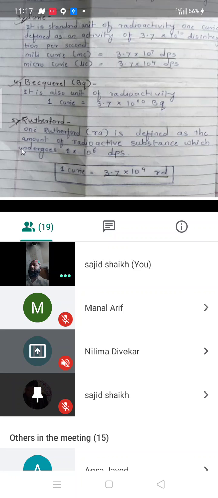Now we have to talk about the detection and measurement of radioactivity. Okay, now we will talk regarding this.